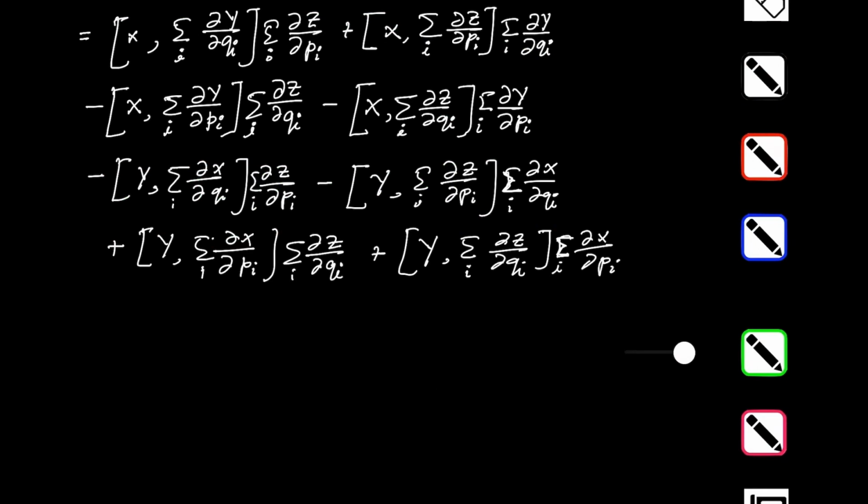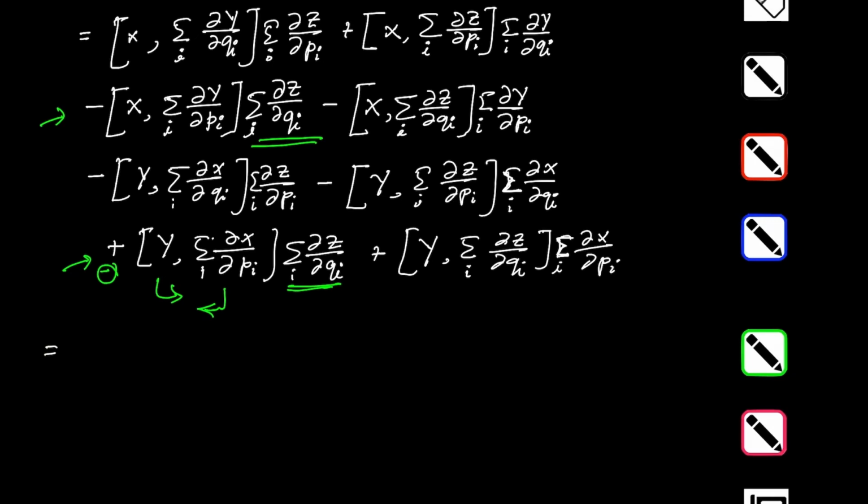So now finally we have got this. Here you can see, if you compare these two terms, you can take del z by del qi common. This is minus: if you interchange the order of these two, then the sign will be negative. Then we can take minus del z by del qi common.